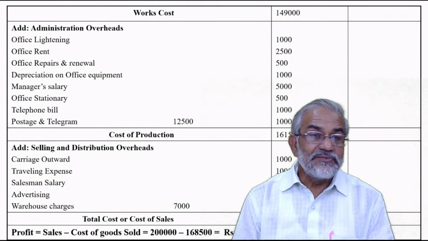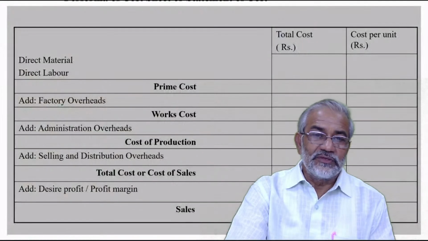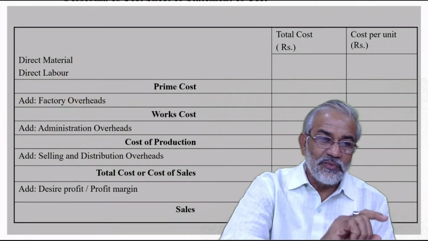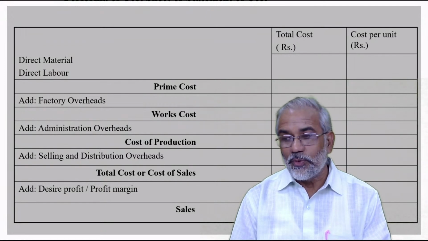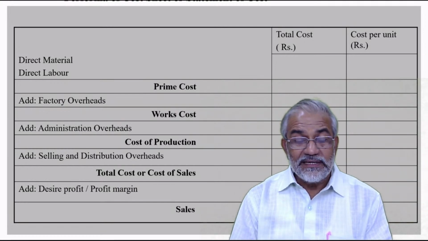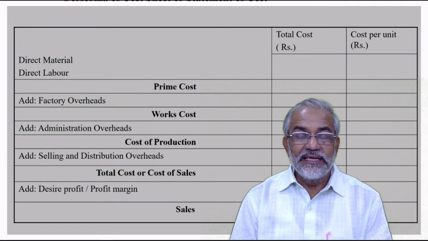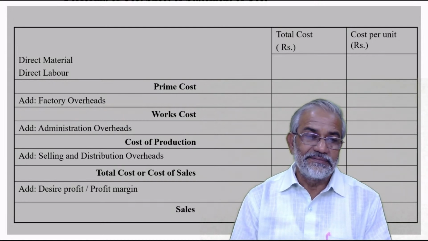When the administrative overhead is included with the works cost, that becomes the cost of production. Cost of production means the amount spent for bringing the unit into its final sale.